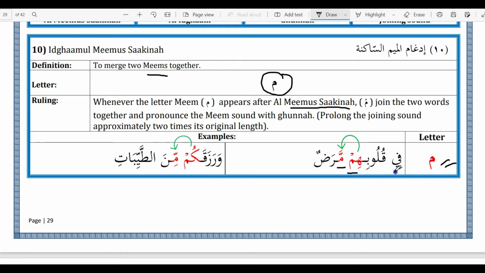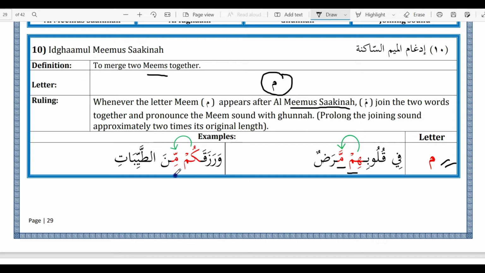We cannot say in terms of tajweed, fi qulubihim marad. Now, in terms of qaida, it's correct, but in terms of Tajweedul Qur'an, it will be incorrect. We join the two words together and we pronounce the joining sound or the meme sound approximately 2 times its original length. So it goes fi qulubihim marad.